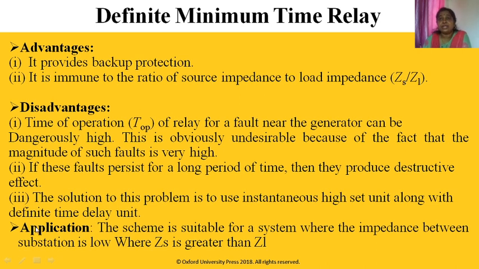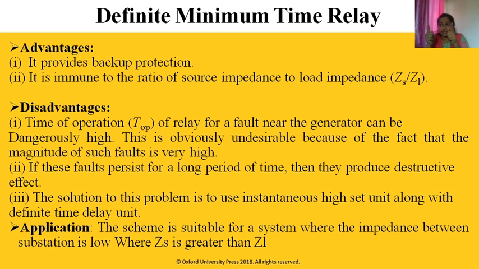So where will you use this type of scheme, the application? The scheme is suitable for a system where impedance between substations is low, where ZS is greater than ZL. In the earlier case, ZS is less than ZL. Here we have ZS greater than ZL, means the value of ZS is greater while ZL is less, means the difference between two substations is less.